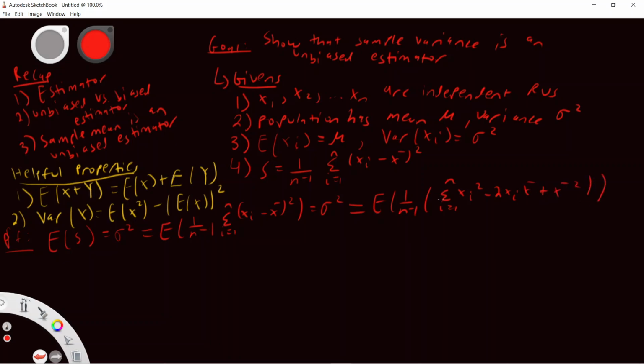And recall our property of summation: we have this summation of these three terms, so we can split the summation over the individual terms and solve each independently.